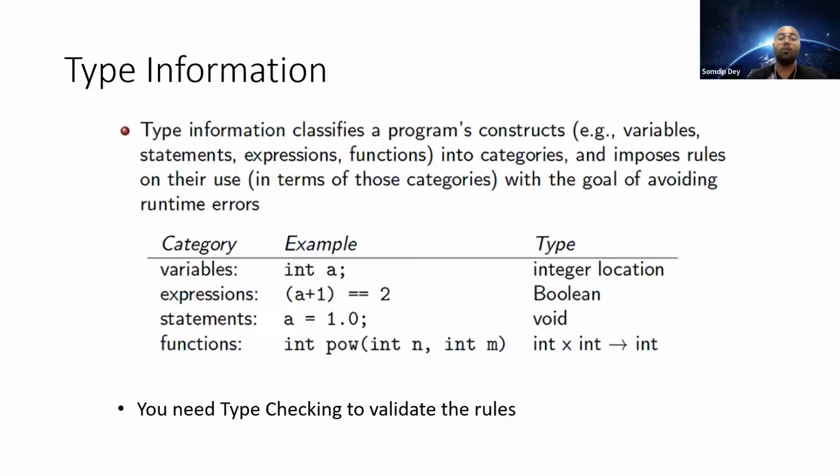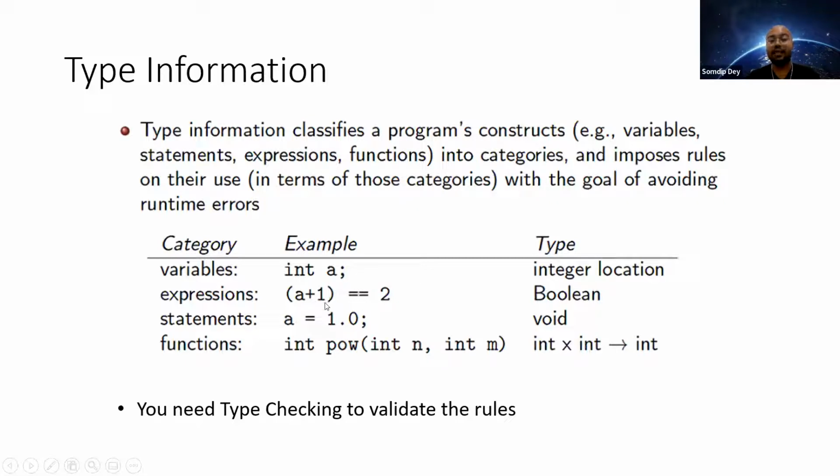Now, in the semantic rules of type information, based on each line of the code, we provide a category to it. For example, in int a, a is in the category of variable, and we also assign the type, integer.